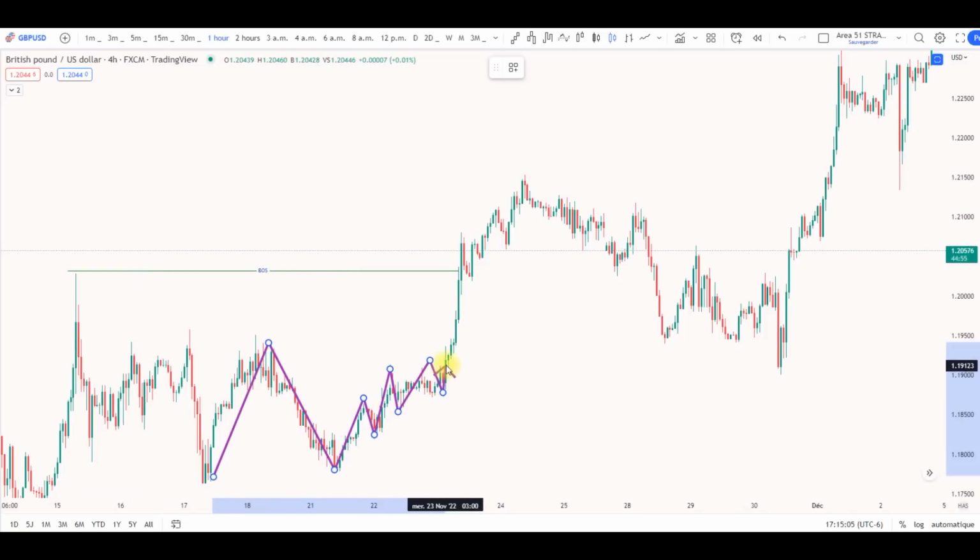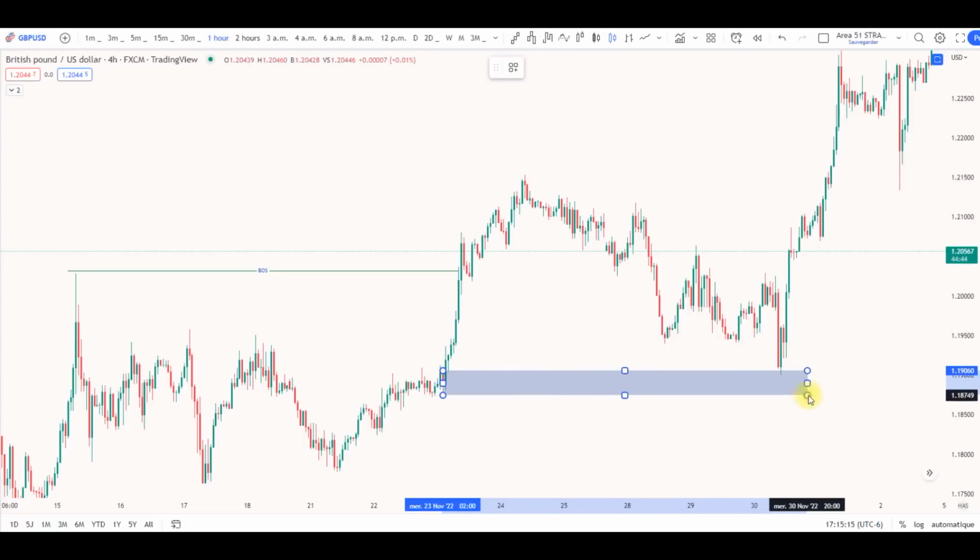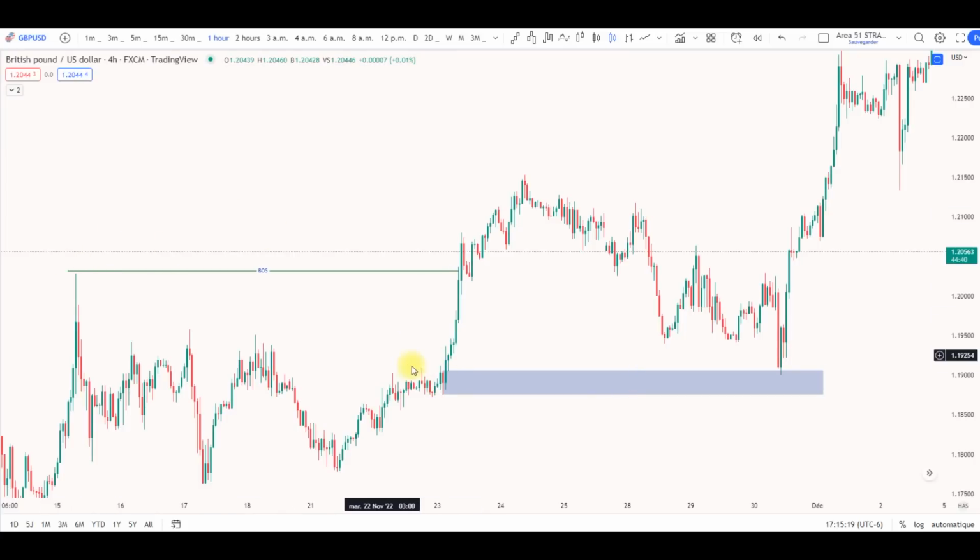So from here, this higher low broke this structure here. Okay. So now what we do is we mark our demand, this last down candle that caused, or this last higher low that caused the break of these previous highs or previous structure. All right.